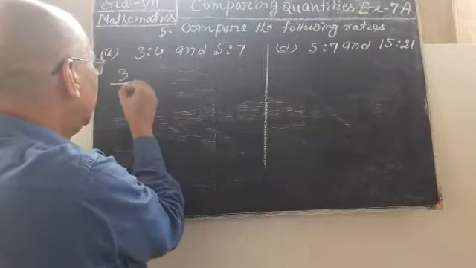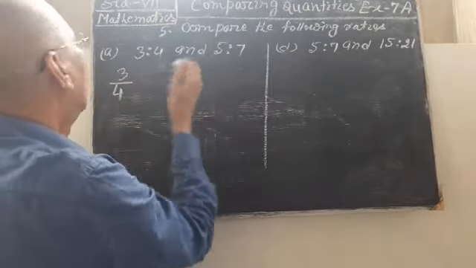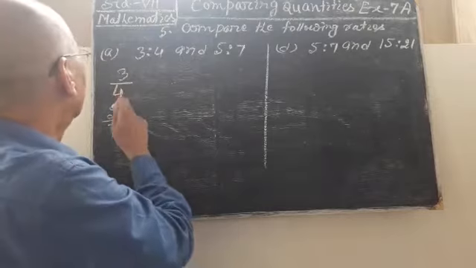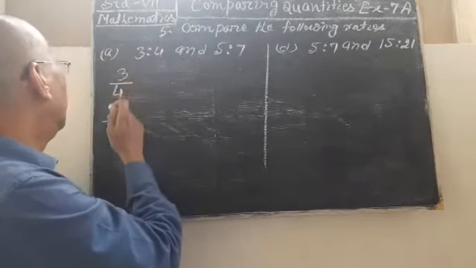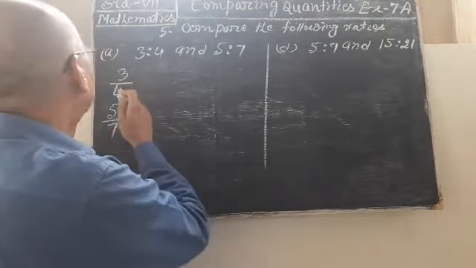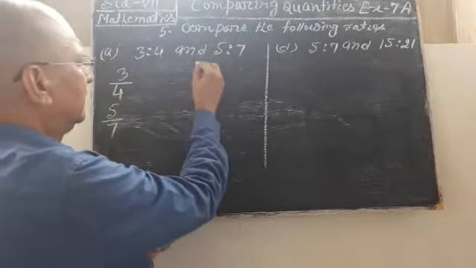You can convert it in this form, 3/4 and 5/7. Now find the LCM. They have different numerators and denominators, so find the LCM of the denominators.